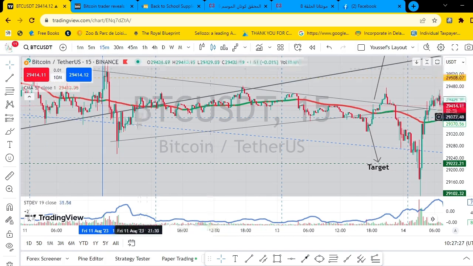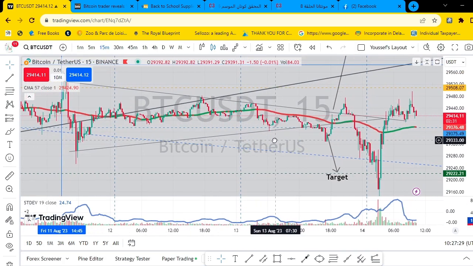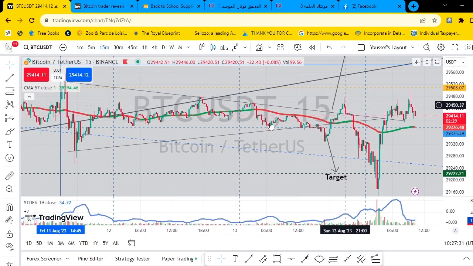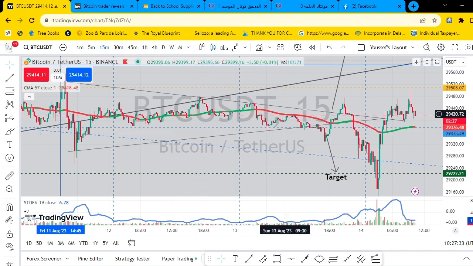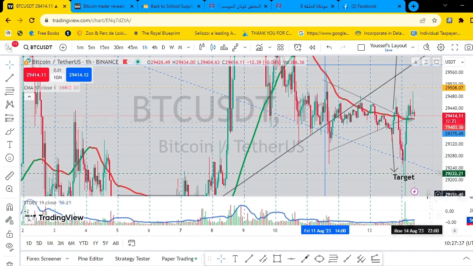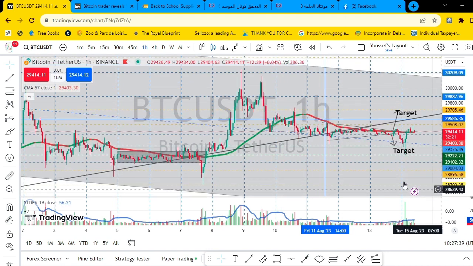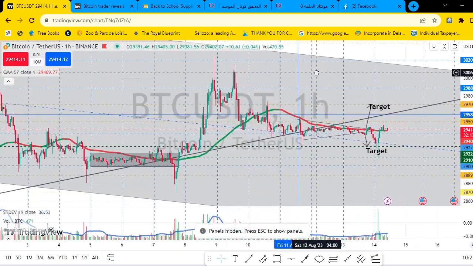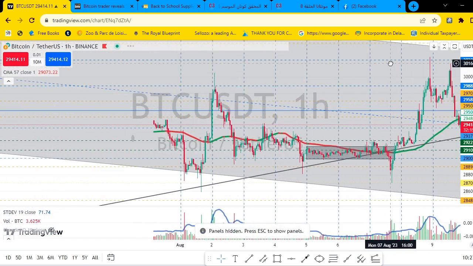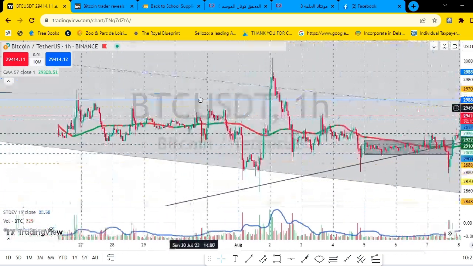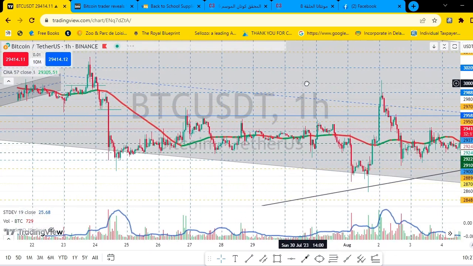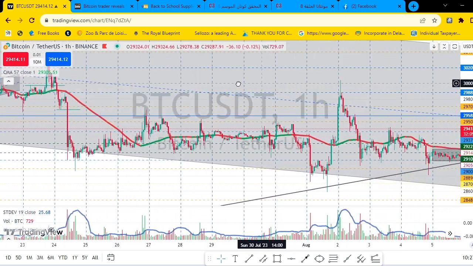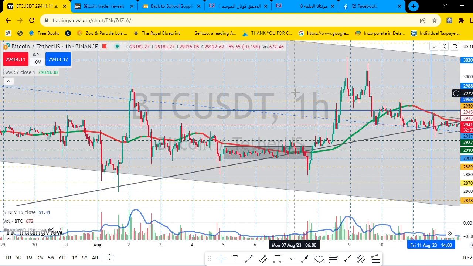On the 1 hour, I usually analyze and put a structure on the 1 hour chart. That's where I normally trace the trends.